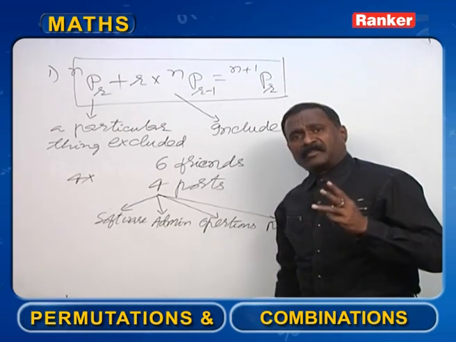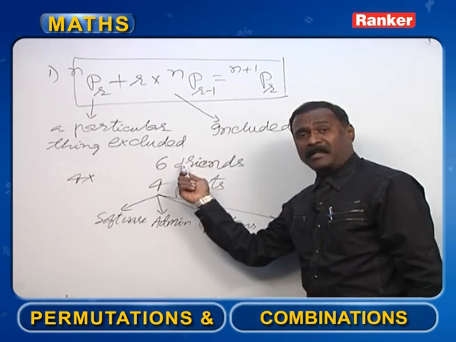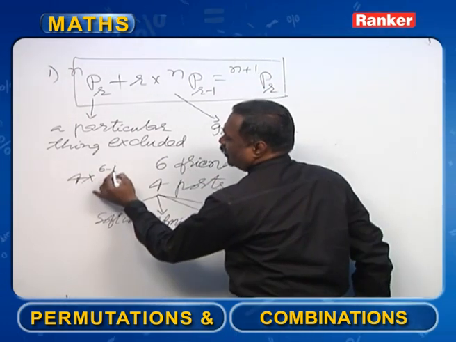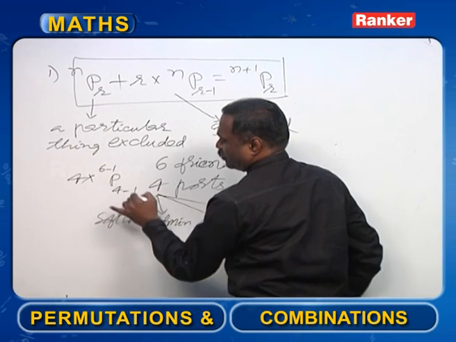Now he is already included in one of these posts. How many posts are remaining? Only 3. How many friends are remaining? 1 is already included, so it is (6 minus 1)P(4 minus 1).